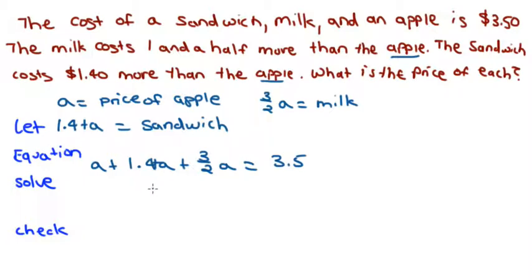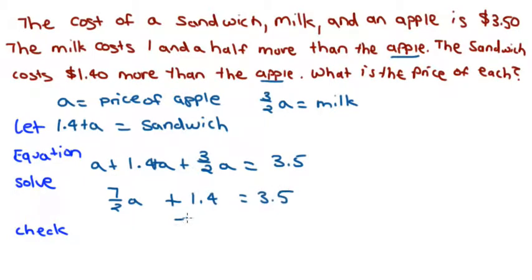So we have A plus A is 2A. 2A plus 1.5A is 3.5A. And 3.5A is 7 over 2A. So we have 7 over 2A plus 1.4 is equal to 3.5.